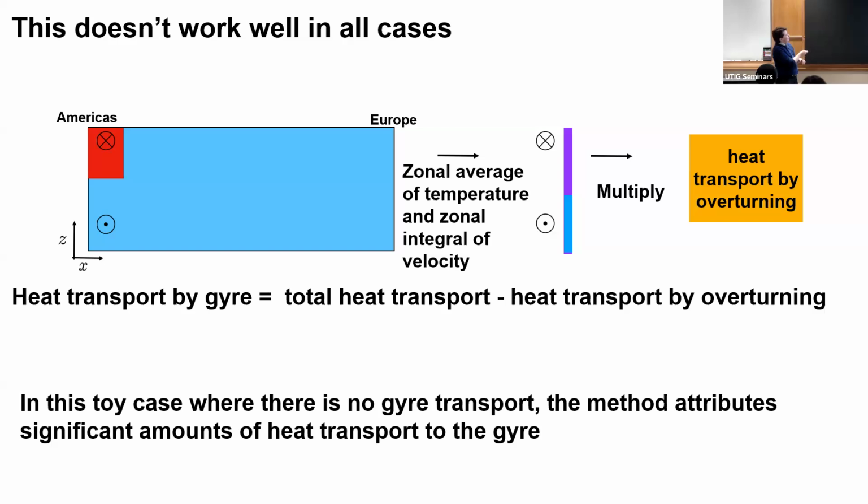And so this method is going to underestimate the amount of heat transport by the overturning, because in this situation, all of the heat transport is by the overturning. But because we took the zonal average, the temperature that we're using is not representative of the real temperature that's being moved.